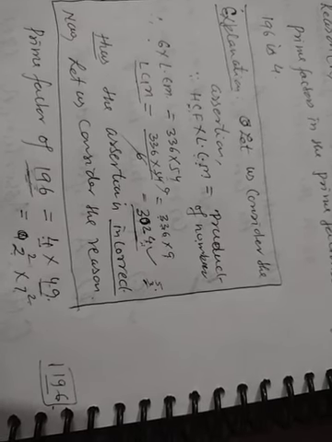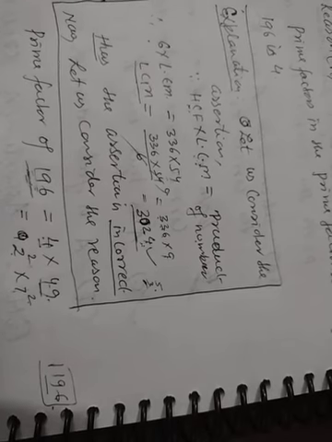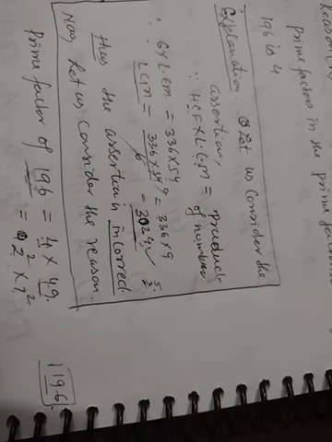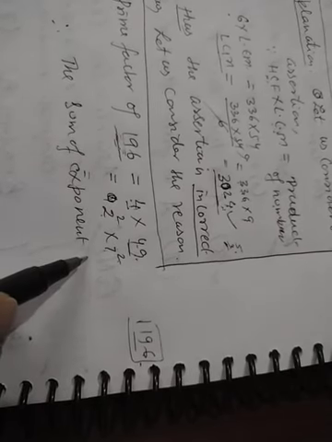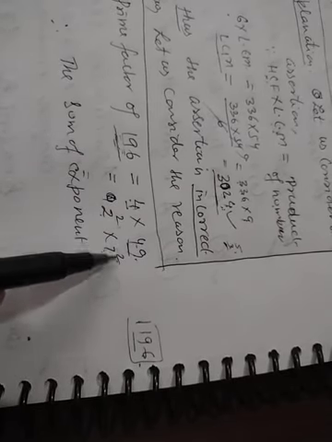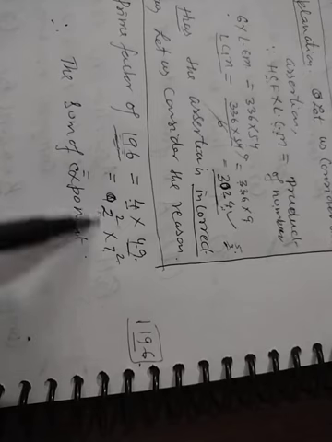Okay. Now therefore the sum of exponents: the exponents are 2 for base 2 and 2 for base 7.